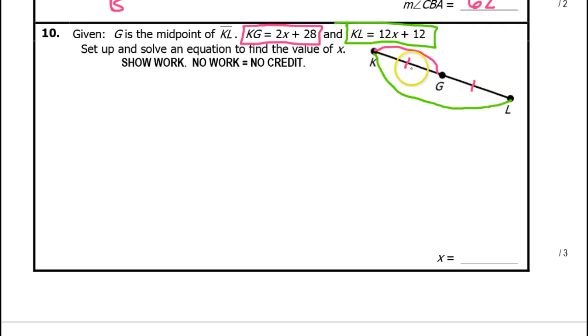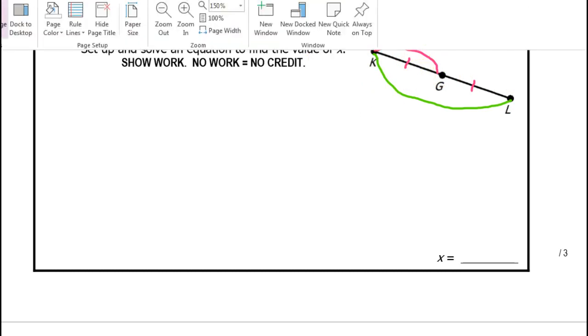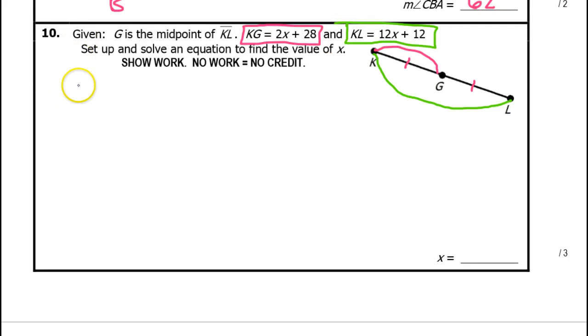Are they the same? Clearly not. The green one is twice as big as the red one. So I'm not going to set them equal to each other. That would be a common mistake. Instead, we're going to use the common sense idea that two halves make a whole.